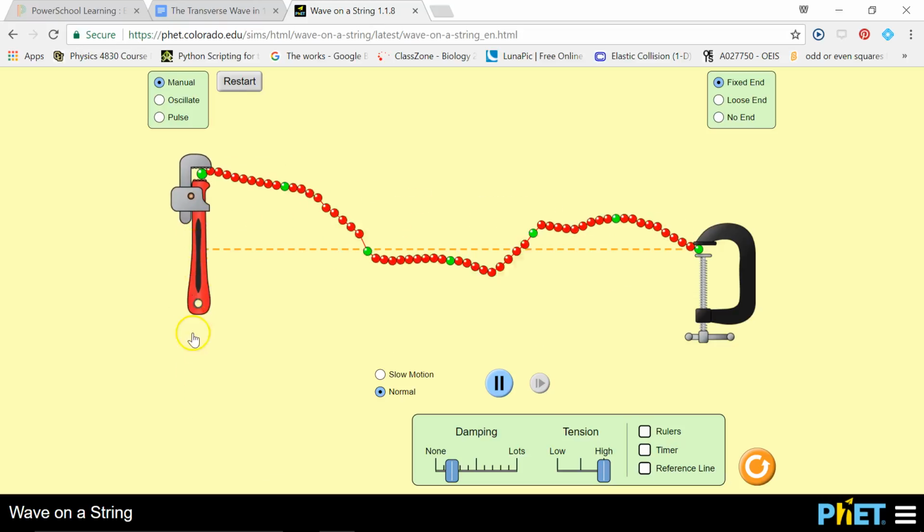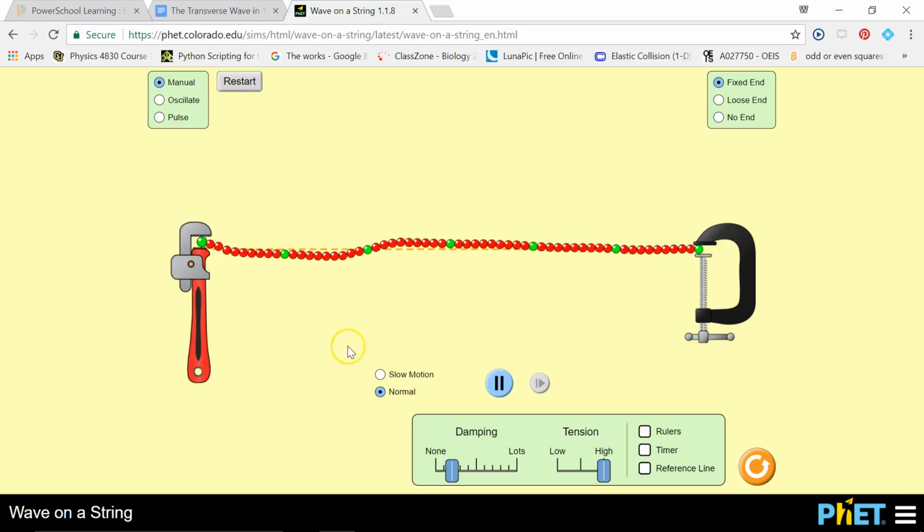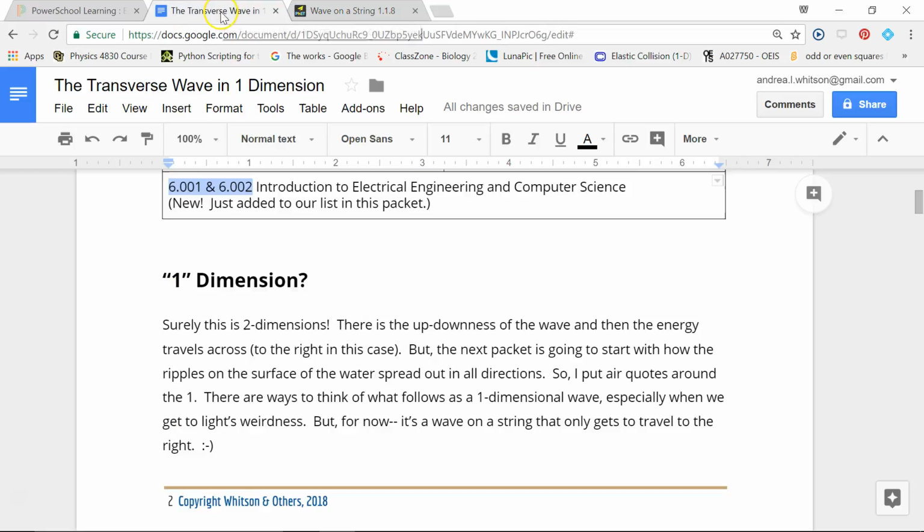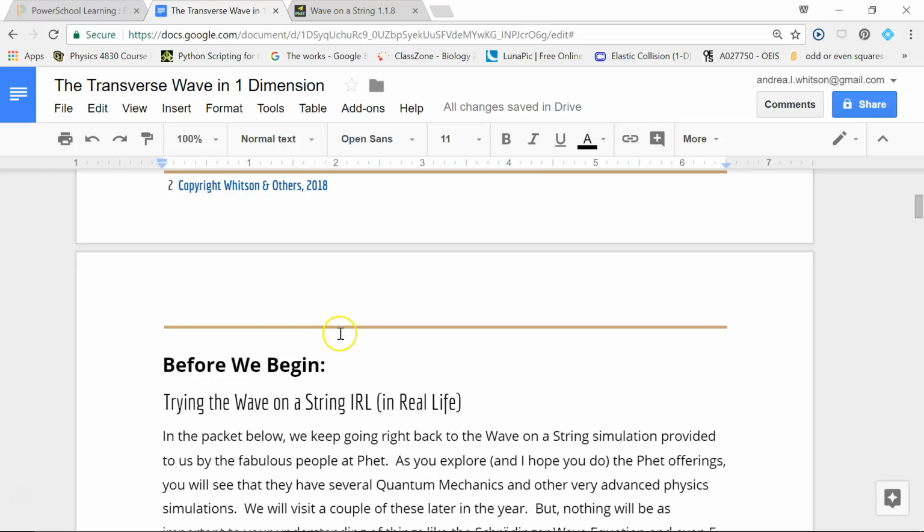Just bear with me, and we're going to call this a one-dimensional wave for this time. In the next packet that I'll give out next week, we're going to talk about waves spreading out on the surface of a pond, and that's much more a two-dimensional wave. So don't let the one dimension fool you. It's just to distinguish it from next week.